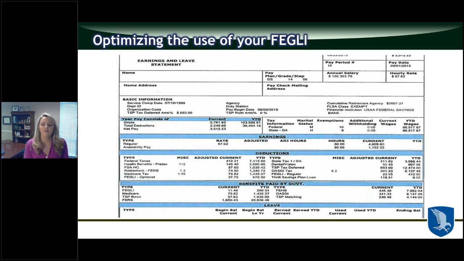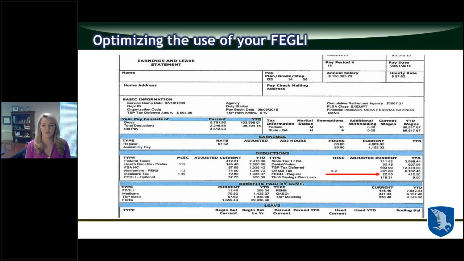So before I look at our pay stub, I want to talk to you about the 4 areas of FEGLI. You've got your FEGLI basic coverage, and you've got option A, option B, and option C. So this is potential life insurance for you and your family through the federal government. If we look at the pay stub here again, under the deduction section, we have a line item that says FEGLI regular, $22.95 per pay period.